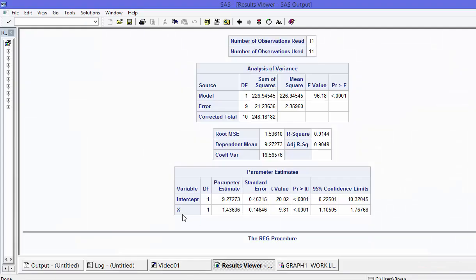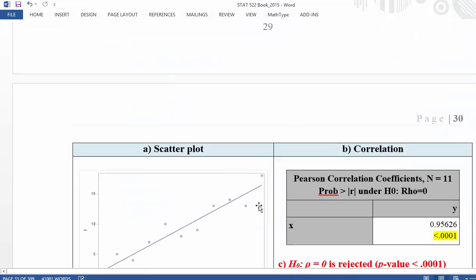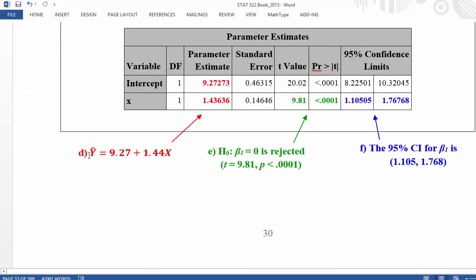So our equation of regression is going to be y hat equal to 9.27 plus 1.44x. To show you that, let's go to Word. And there we go: y hat equal to 9.27 plus 1.44x.